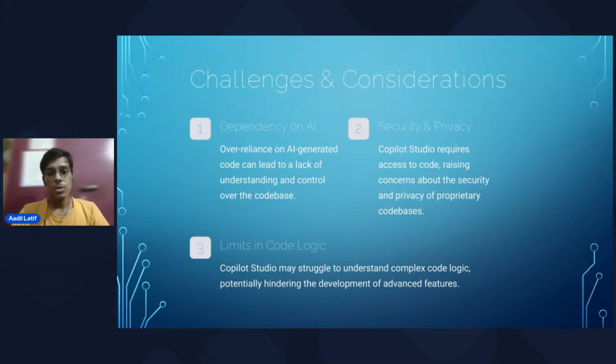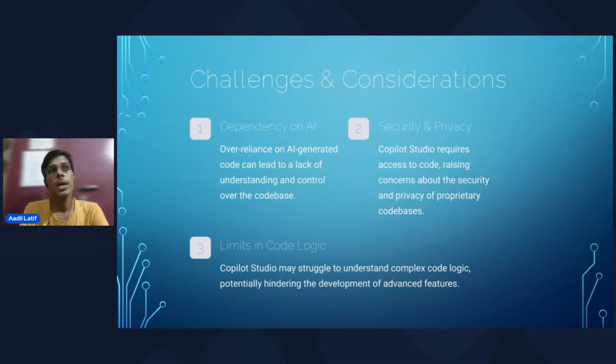So the next thing is security and privacy. Basically, Copilot Studio may generate code snippets that inadvertently include vulnerabilities. We must carefully review and test generated code to identify and mitigate potential security issues.